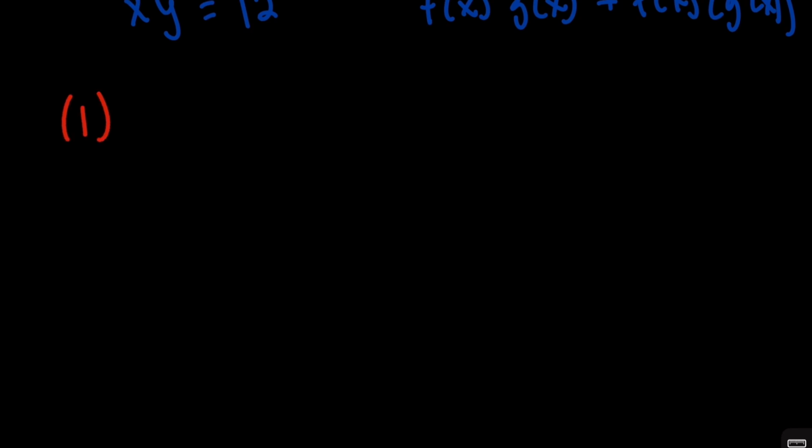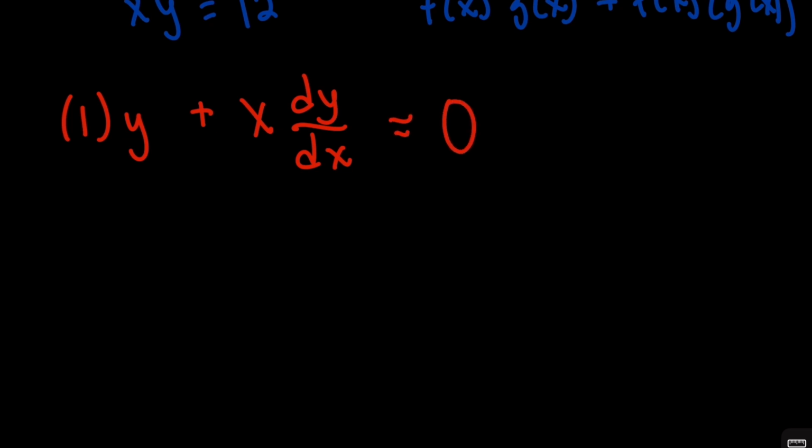Then we keep y how it is, so just y, plus we keep x how it is, since f of x stays the same, and then we take the derivative of y, which is just dy dx. And remember when I said in the beginning, in implicit differentiation, you differentiate both sides, the left hand and the right hand side. Don't forget that. So the derivative of a constant is always 0.